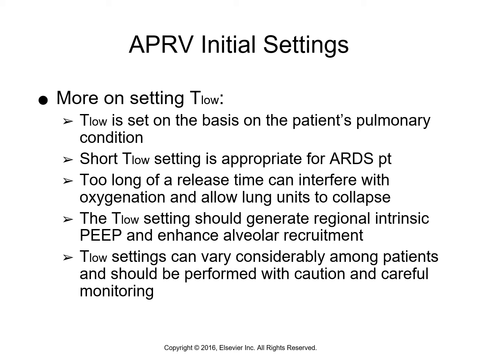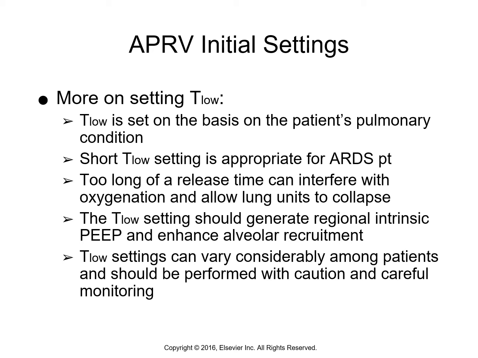Where your T low should be: your T low is set on the basis of the patient's pulmonary condition. So see what type of patient you're dealing with and what works out best for them. A short T low is appropriate for your ARDS patient.